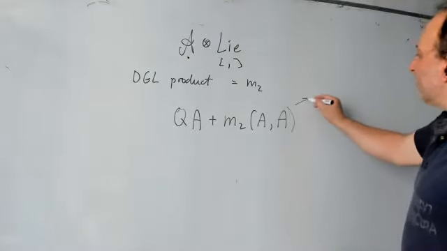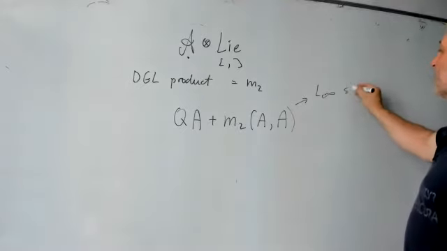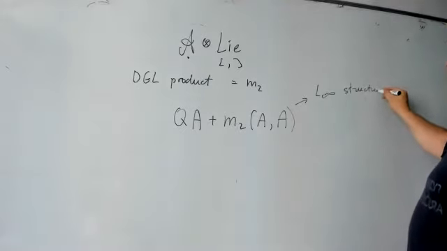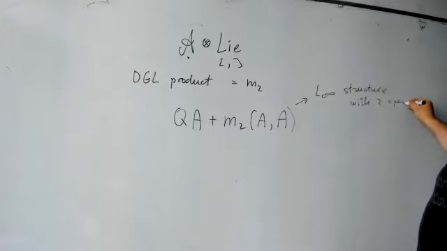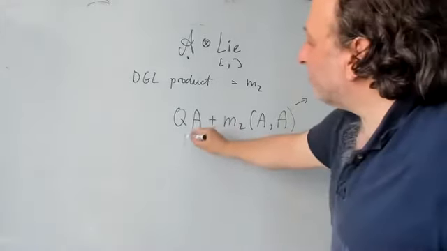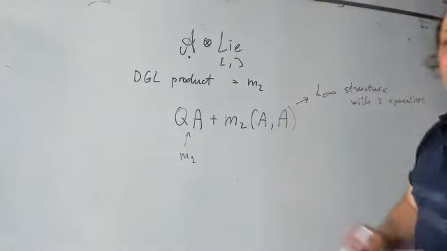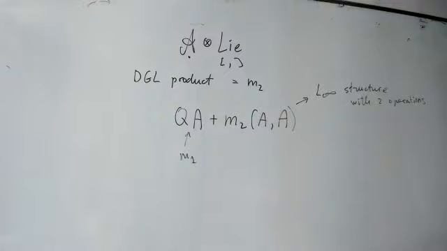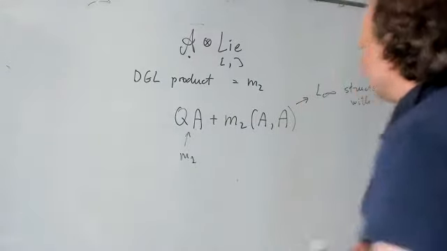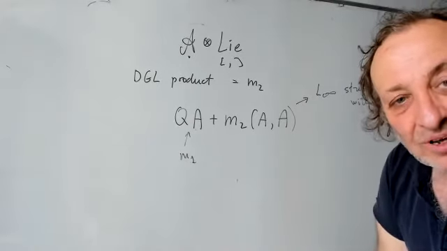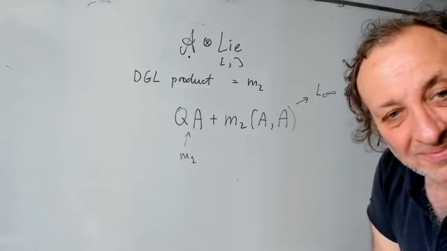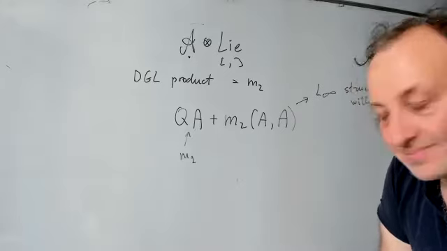We need to consider this as an L infinity structure with two operations. So this is M1 and this is M2. And we would like to go down to the cohomology of Q1.